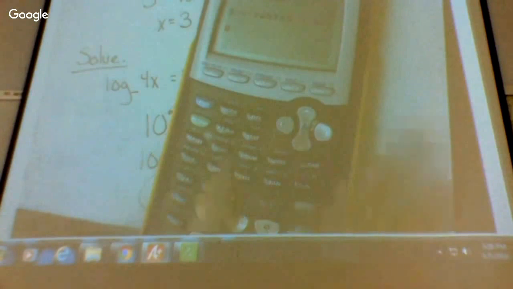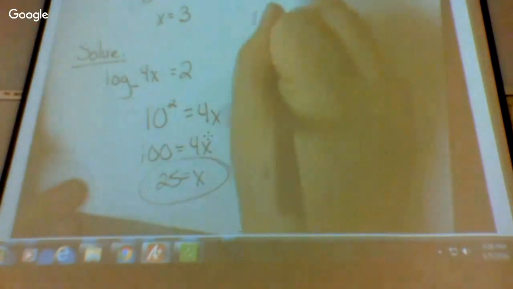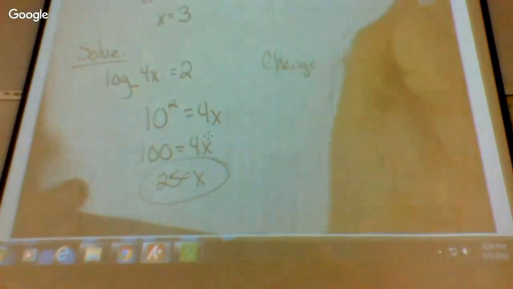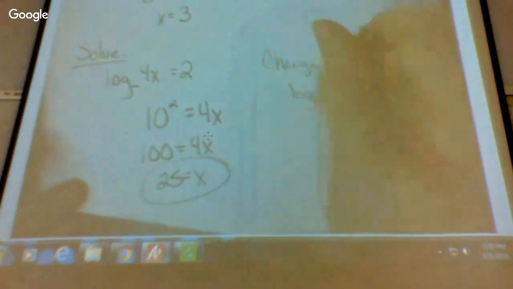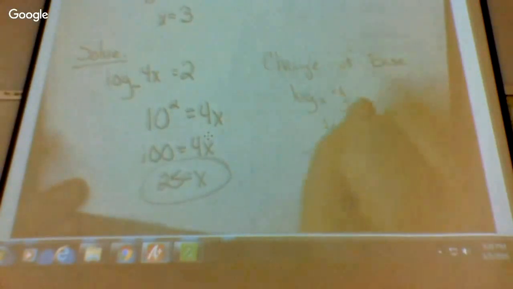Okay? And you may want to write that down. So change of base is, if we have log base x of y, it's log of y over log of x.